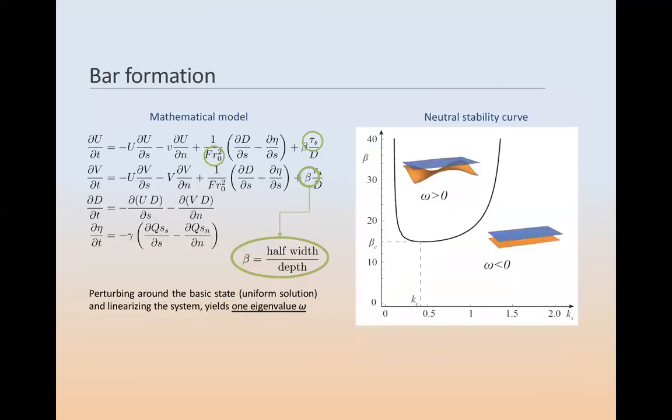We faced the problem through a stability analysis approach again, starting again from shallow water equations. Again, you see the aspect ratio defined as the half wave over depth. And this is a classical result, what I already told, the instability inside the neutral stability curve at a value of the aspect ratio higher than beta critical.